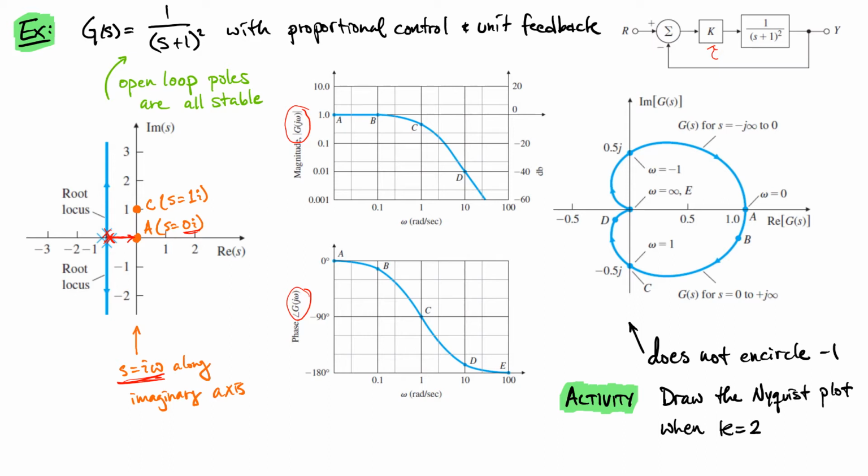We have two of these poles, so the magnitudes multiply, 1 times 1, which means the overall magnitude of G of i omega is 1. And that's what we're plotting here. The point A is magnitude 1.